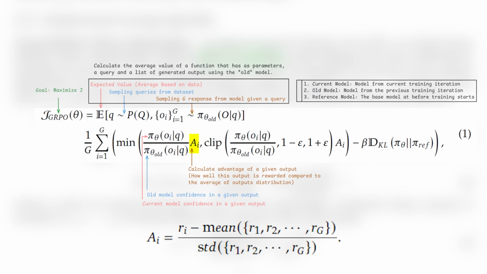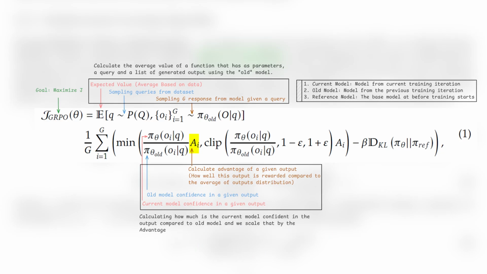It indicates how well this output is rewarded compared to the average of the output distribution. So basically we said we generated G outputs, and we compare the reward for each one of these outputs with the rest of them, and that's what the advantage entails. So that's the main part of this expression.